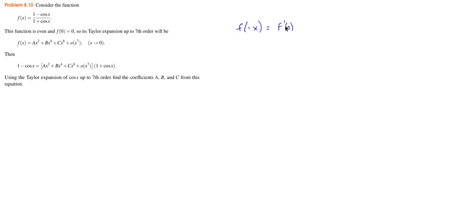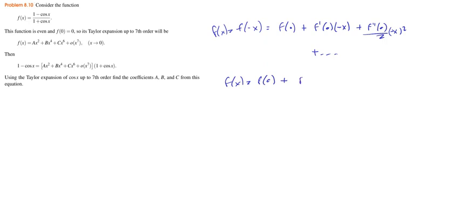So you have f at 0, plus f prime at 0 times minus x plus the second derivative at 0 divided by 2 times minus x squared, and so on and so forth. But if this has to be equal to f of x, then f prime at 0 has to be equal to minus f prime at 0.